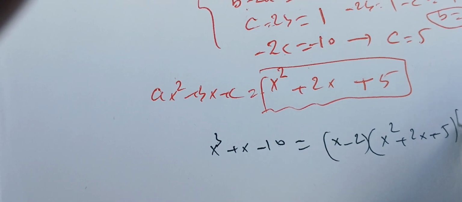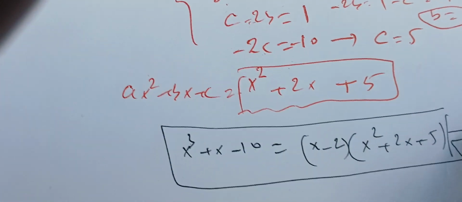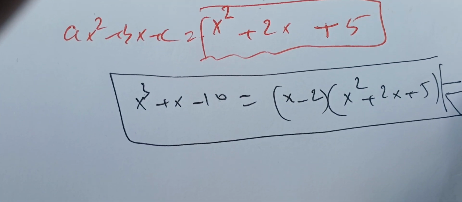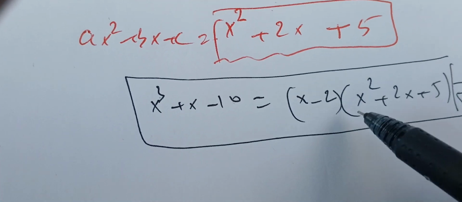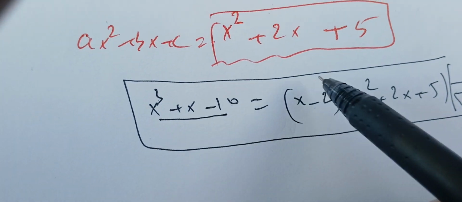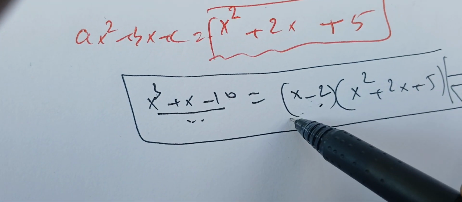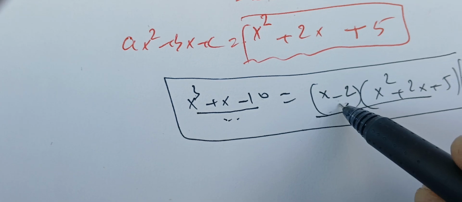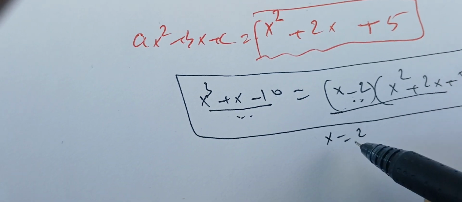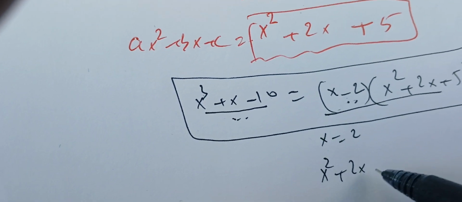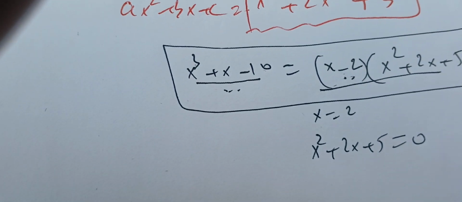The solutions of this equation are the same as this one here. So from here we get x is 2, or x squared plus 2x plus 5 is 0.